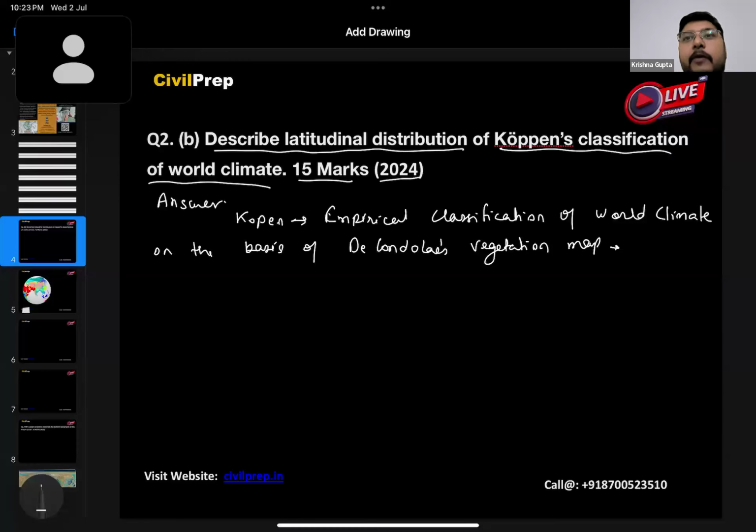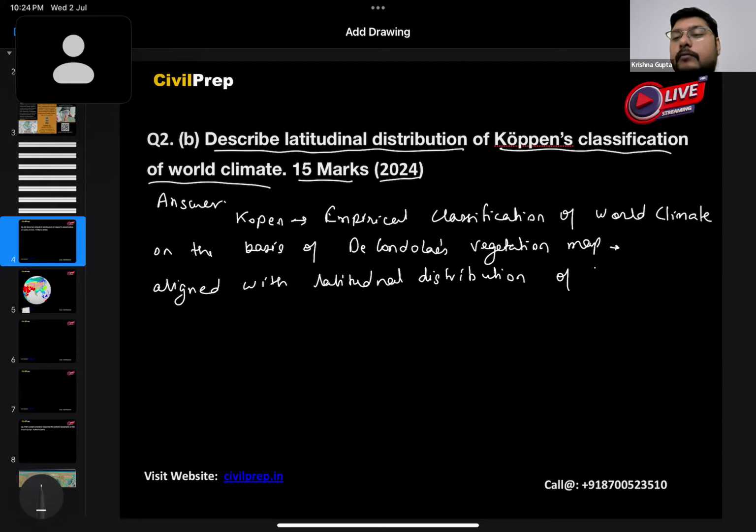So this map was aligned with the latitudinal distribution of biomes, with thermal and precipitation criteria.